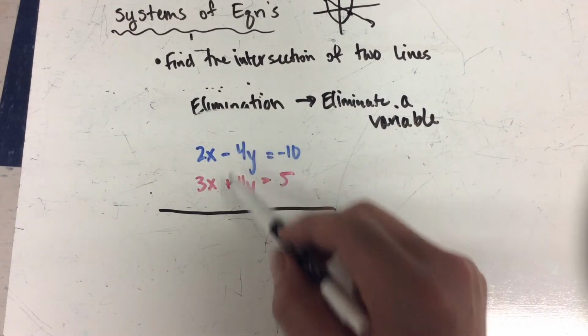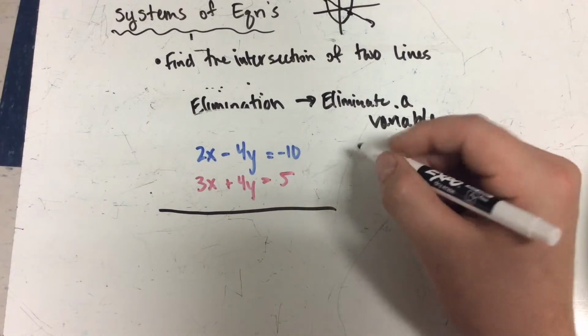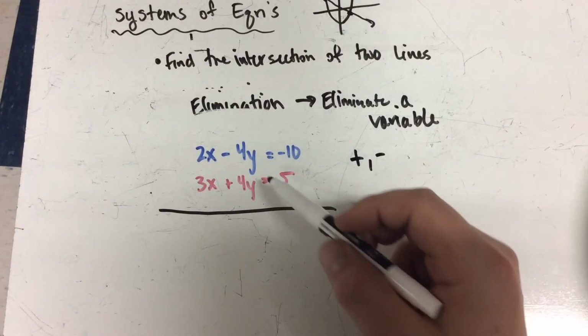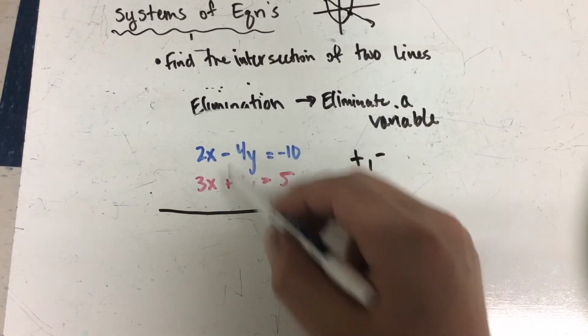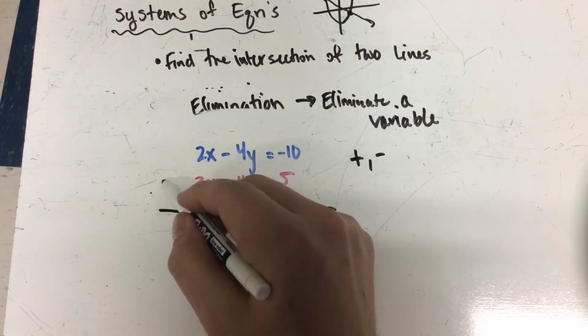We want to see which operation, addition or subtraction, will eliminate the variable. Remember, addition and subtraction are operations. In this case, addition is going to eliminate the variable.